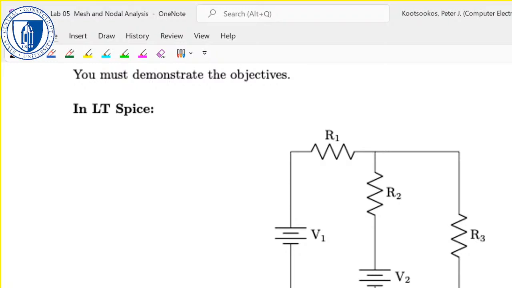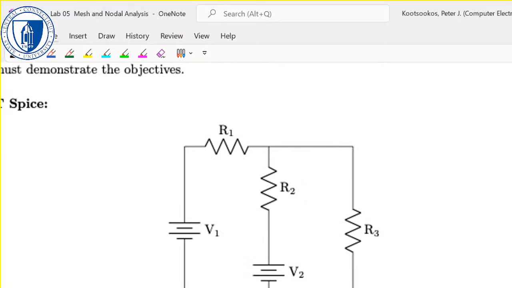And then what you need to do in the lab is, let's go with this one. Measure these voltages. Right, so you need to measure VA, VB, and VC. You need to measure R1, R2, and R3.